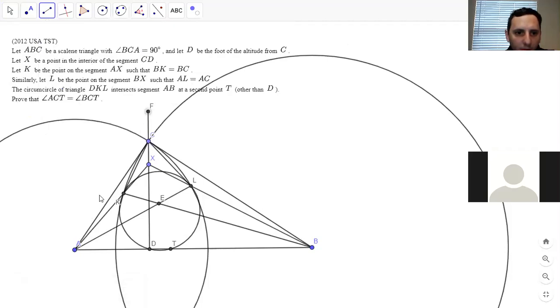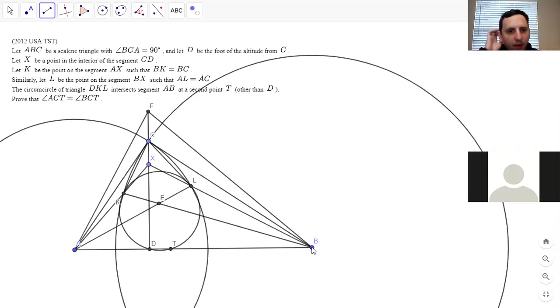X is the orthocenter of that triangle. Yeah, it should be. F is the orthocenter of AXB.